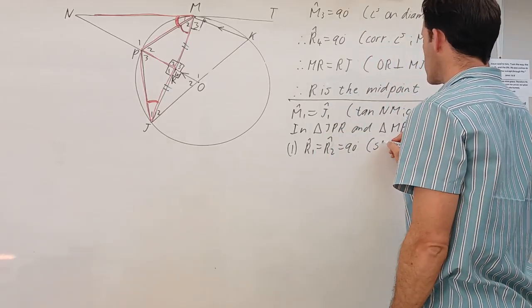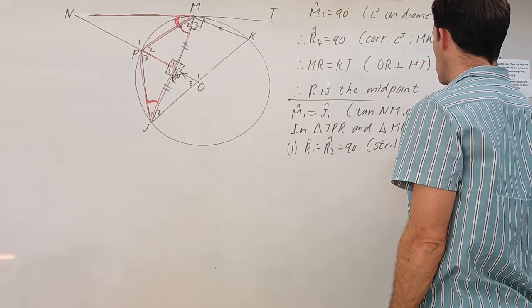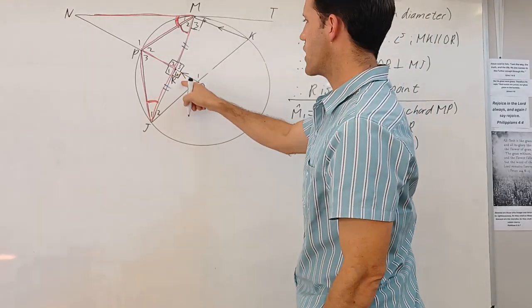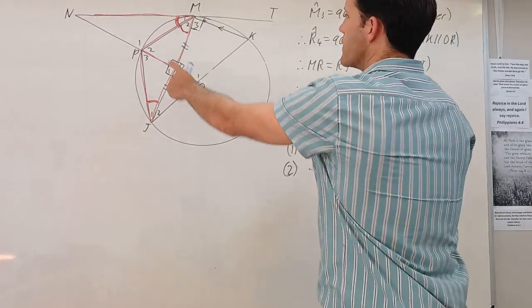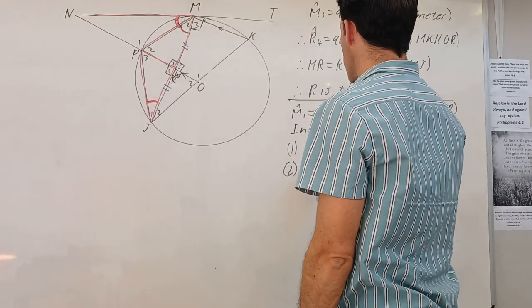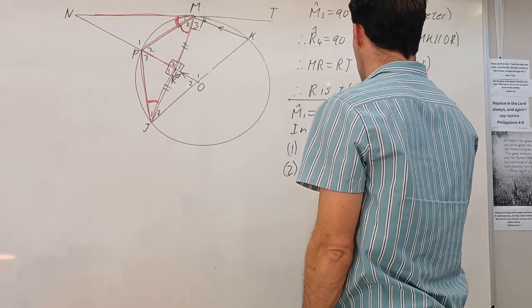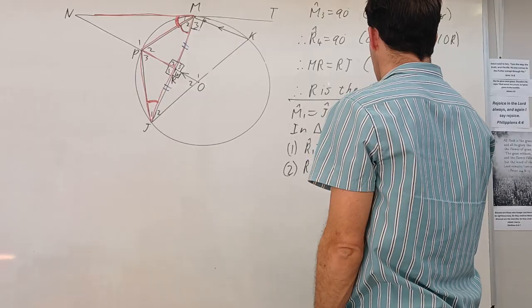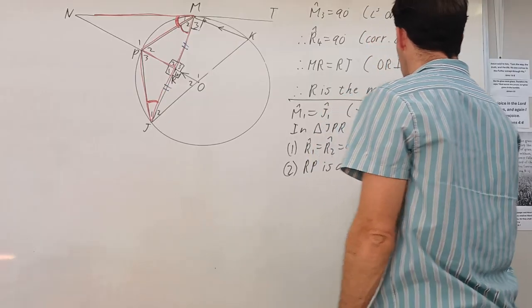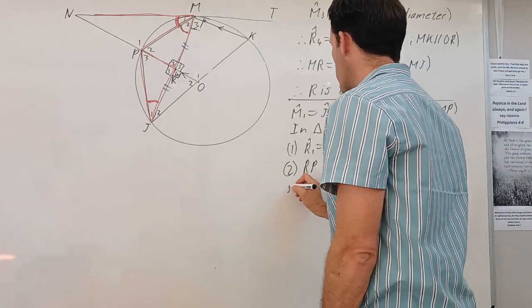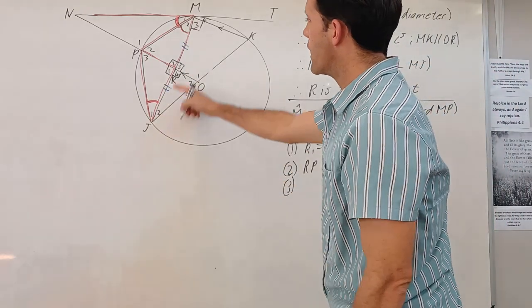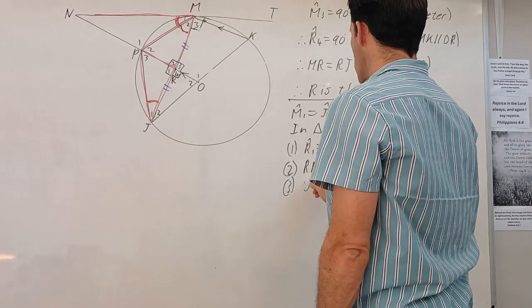And your reason, you can say straight line, because obviously it's a straight line there and a straight line there. Secondly, we can say that RP is a common line, and then thirdly, JR is equal to MR.